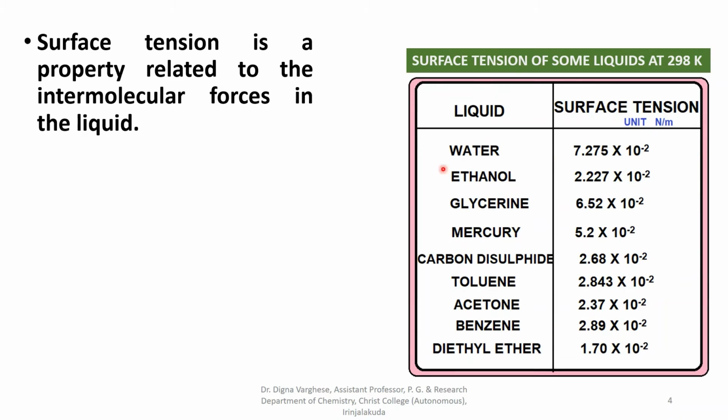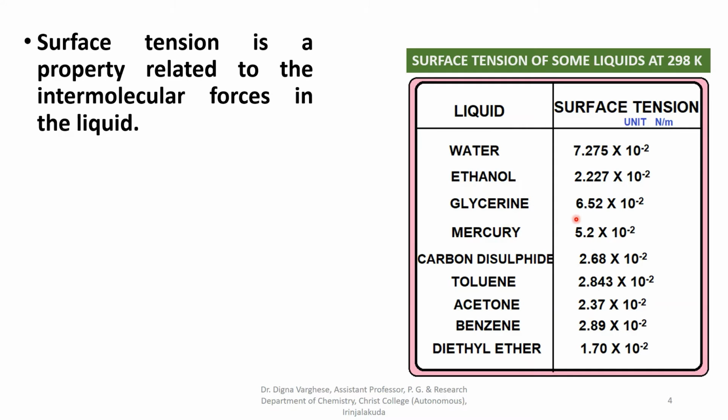Here we can see from this table the surface tension of some liquids at 298 Kelvin. The liquid is water. Its surface tension is 7.275 into 10 raised to minus 2 at 298 Kelvin. The unit is Newton per meter. Ethanol, it is about 2.2 into 10 raised to minus 2.